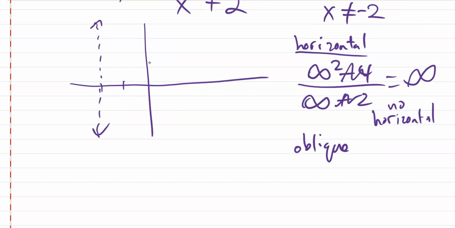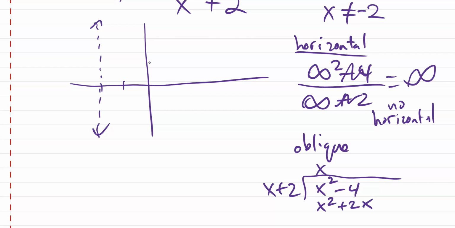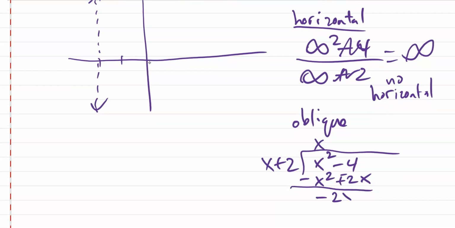If I do x squared minus 4 divided by x plus 2, x times x is x squared, plus 2x, and then subtract, makes that negative 2x minus 4, put in a minus 2, makes that minus 2x minus 4, change the signs.